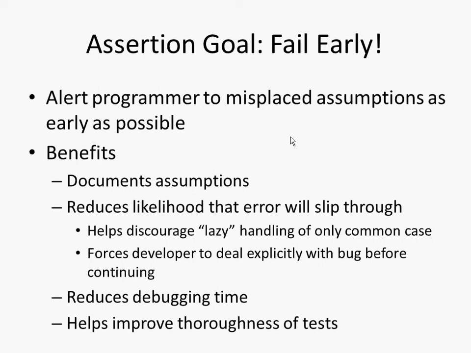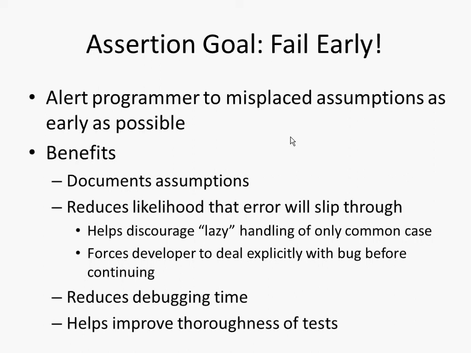It reduces debugging time, helps us find where the underlying fault is that led to a failure, and it helps improve the thoroughness of tests. This sounds a little bit abstract, so let's go into some examples.